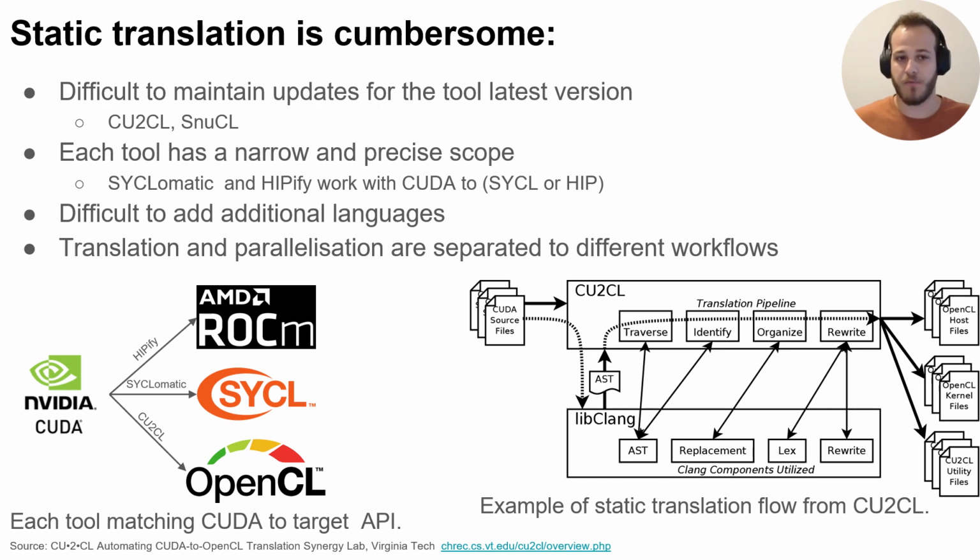And because it's a lot of work, the tools that came out of the industry like Cyclomatic and Hippify are very narrow scoped. So they only focus on a specific set of languages, the languages that matter to them. And so it's difficult to add more languages to any given solution, and it separates this task of parallelization and translation between parallel APIs.